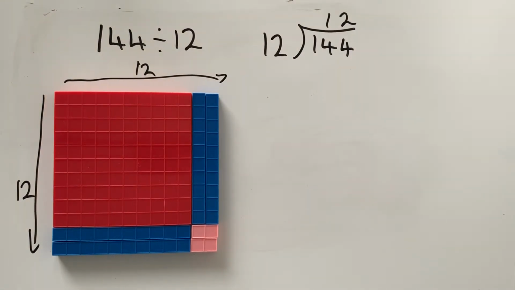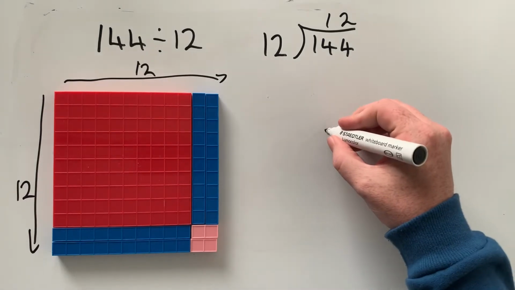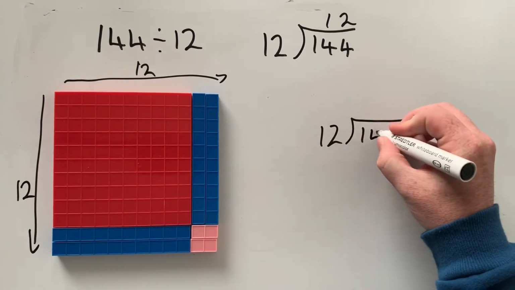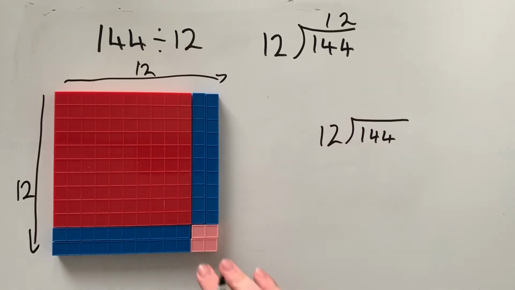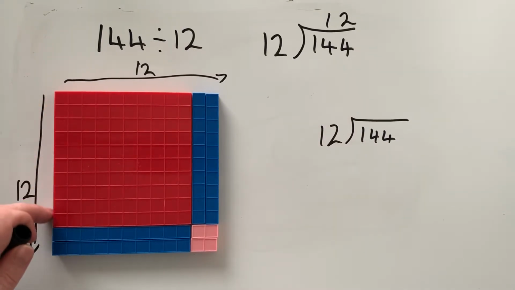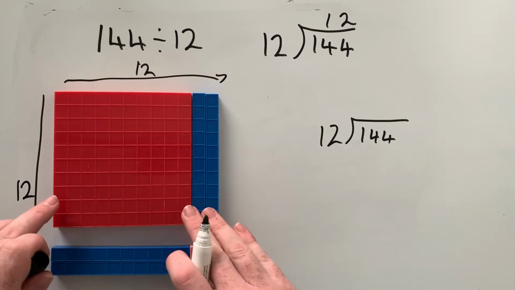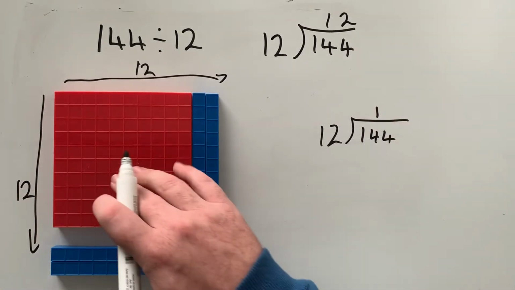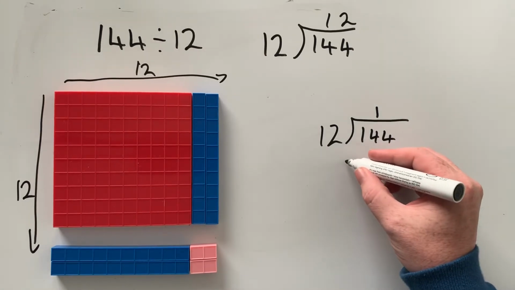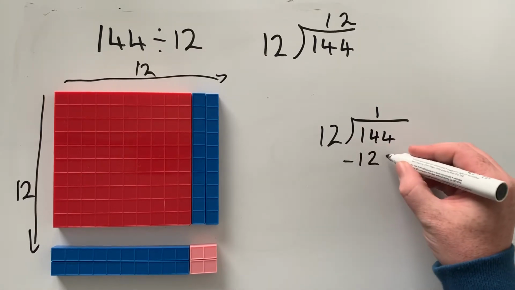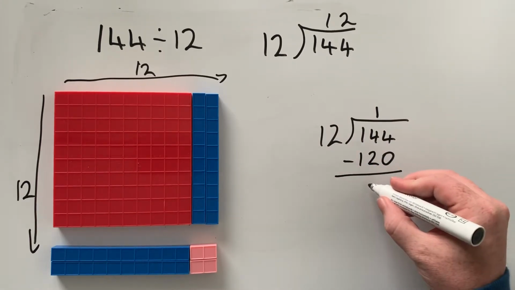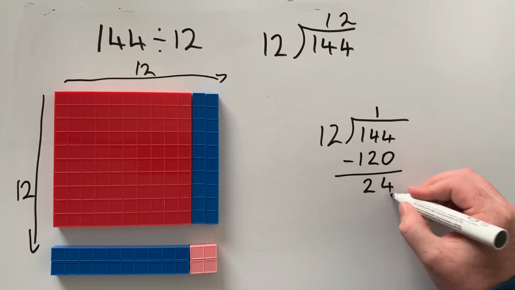Once again, with that algorithm, I'll show you with this one. 12 goes in. When it changes from hundreds to tens, we separate. 12 fits in here 10 times. Let's take away the 120. 144, take away 120 is 24.